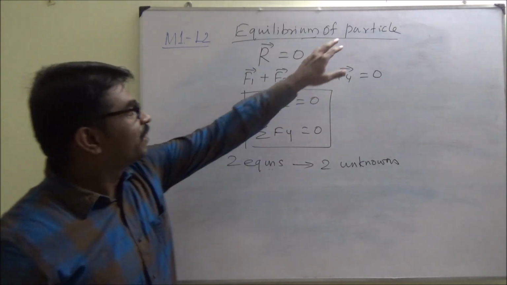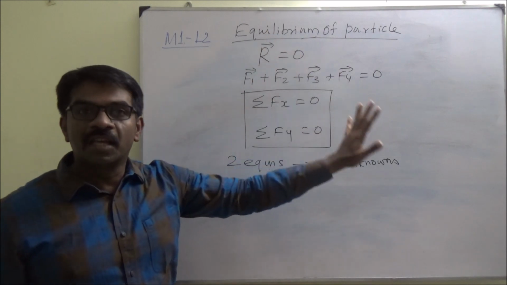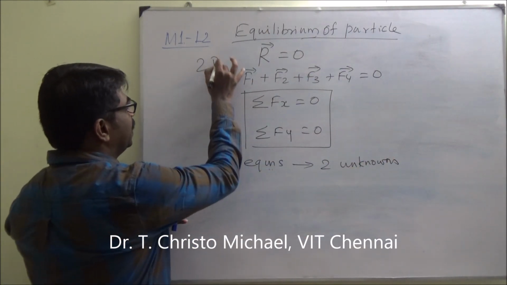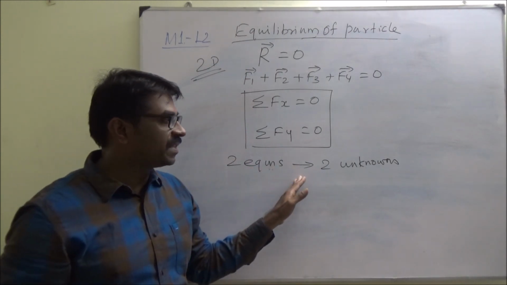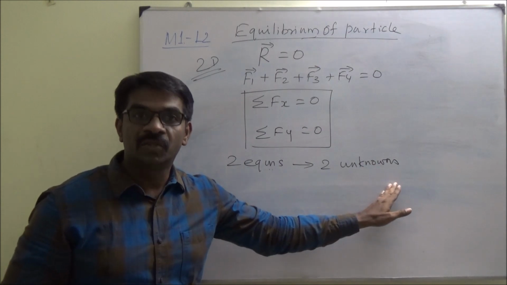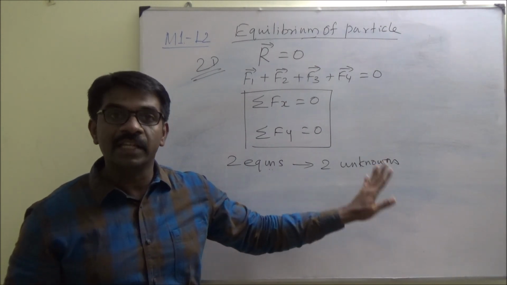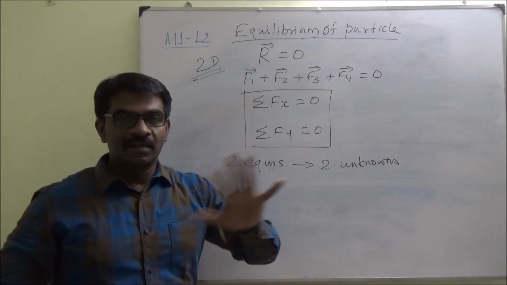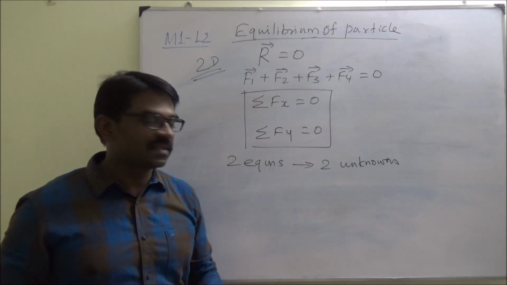Then, for a particle equilibrium in a given system, if it is 2D, you have 2 equations, and then 2 unknowns can be found out. You can find out only 2 unknowns. Okay? If it is 3, if it is 1, let us discuss that in detail in the subsequent classes.